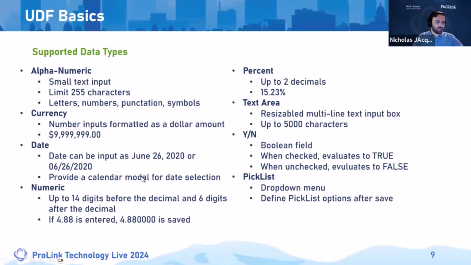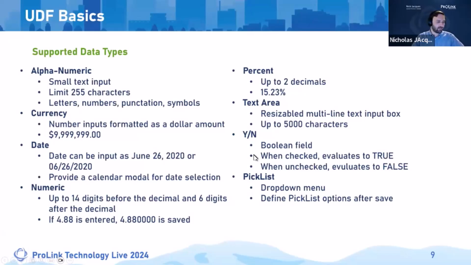So you can either enter the date as text, like June 26th, 2020, or you can click on the calendar icon and just select the date manually in a calendar. Numeric, there's nothing too interesting about that one. It's just a number. Percent, same thing. It's just a number formatted as percent.